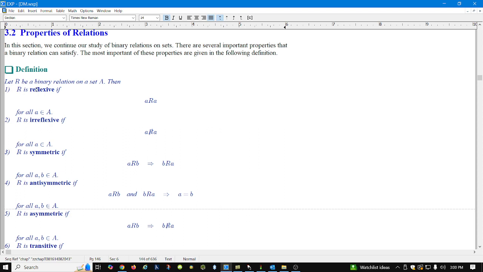A binary relation R on a set A is reflexive if aRa for all a in the underlying set. In other words, if every element is related to itself. A relation is irreflexive if no element is related to itself.